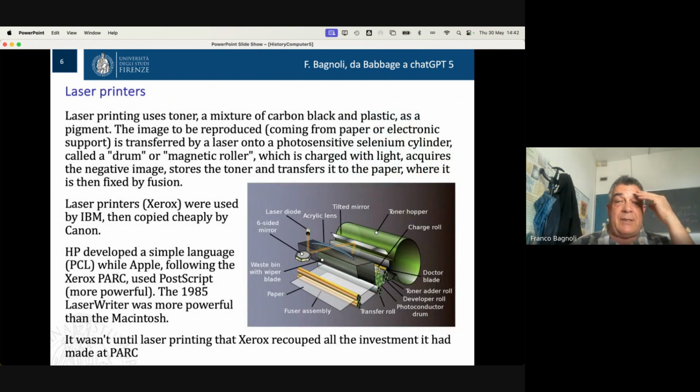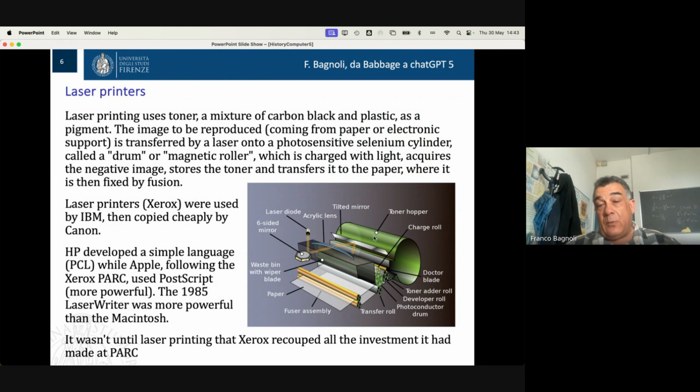Laser printers were really a revolution at that time, because they allowed printing graphics very carefully at a high resolution, essentially 300 dots per inch.